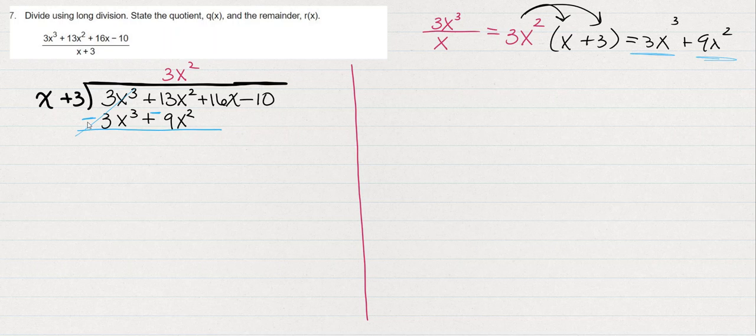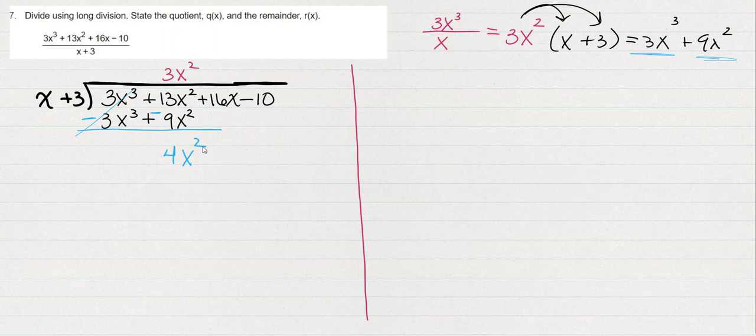So here we cancel out 3x cubed minus 3x cubed, but for the x squared term we have 13 minus 9, which gives us positive 4x squared. And then we're ready to start all over again.